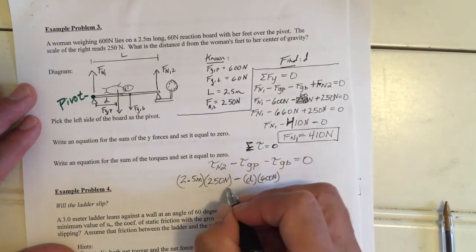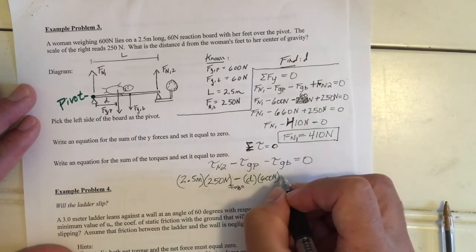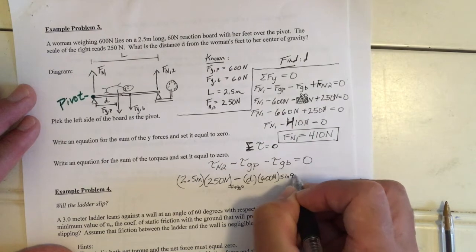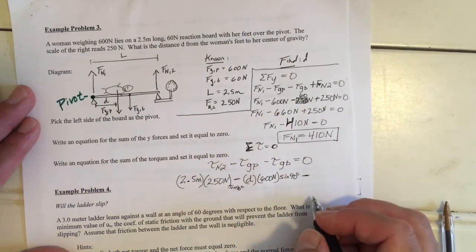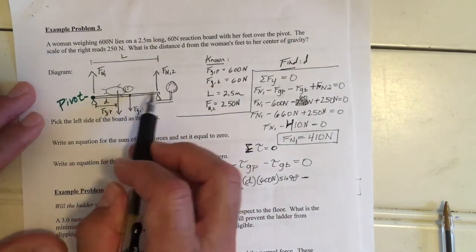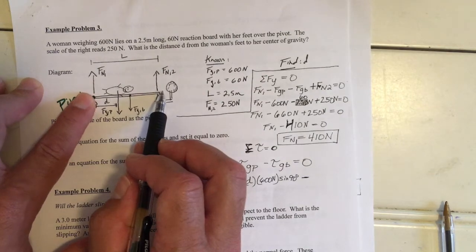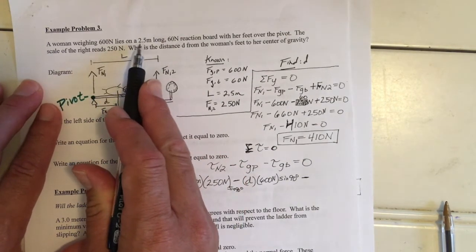Oh, you know what I forgot back here? Sine 90. And I'm not going to forget it here. Sine 90 minus, this is for the board now. So the distance to the center of the board, well, this is a 2.5 meter long board, a symmetrical object, so the middle would be 1.25.